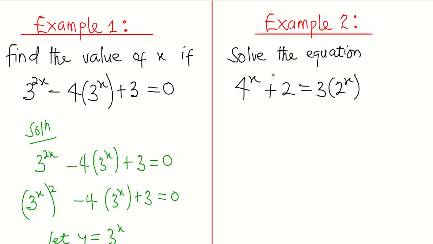So in the next equation, it says solve the equation 4 exponent x plus 2 is equal to 3 multiplied by 2 exponent x. So with this one, we first write our solution, and we have our question as 4 exponent x plus 2, which is equal to 3 multiplied by 2 exponent x.